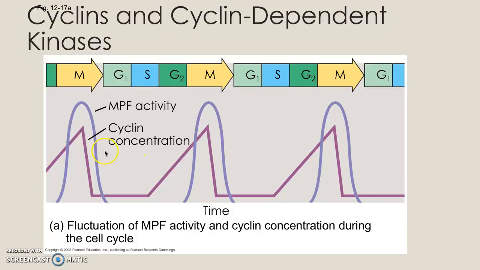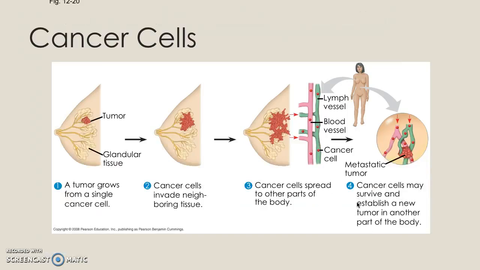And then MPF is just reliant on the cyclin concentration, so it corresponds with that. As the cyclin concentration increases, the MPF activity is also going to increase, and it just follows the same increase as it goes along.